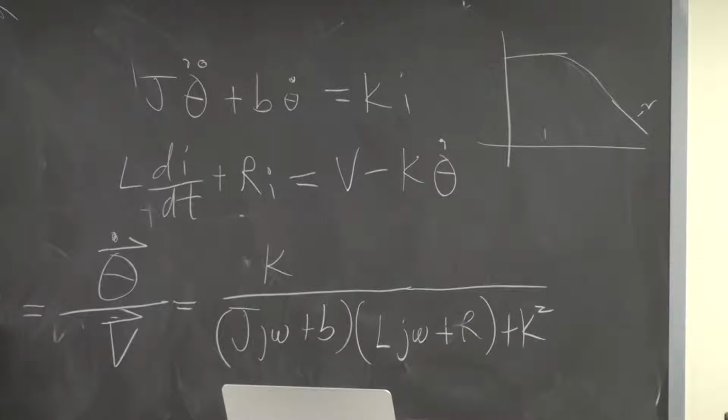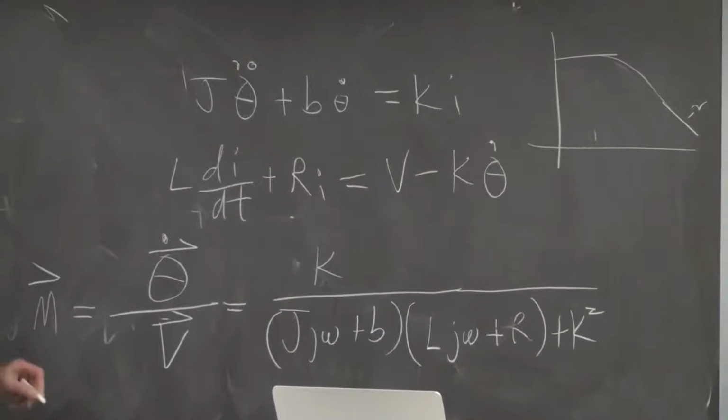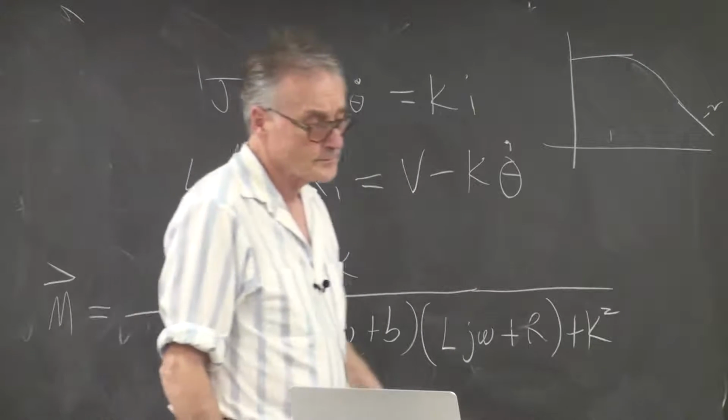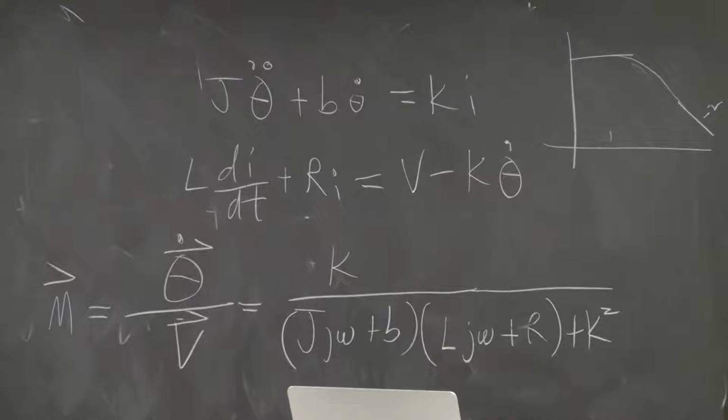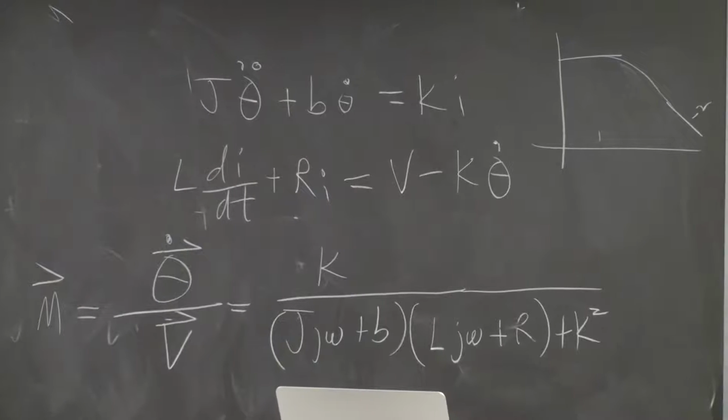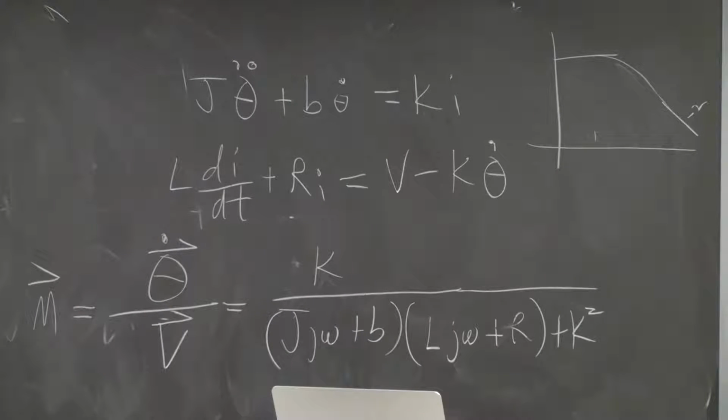So we're going to treat this as some vector function we're going to call motor. And we are going to then ask, what function do we need to multiply this by?